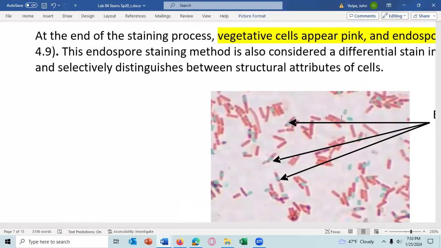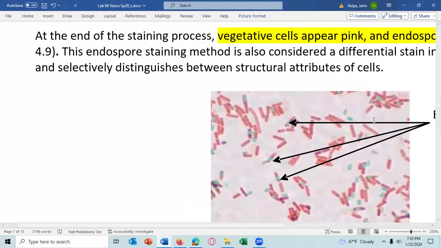The purpose of the endospore, let me state that again, is simply to help keep the species alive, meaning the endospores keep the cells alive until the environment changes, and then the endospore will germinate.